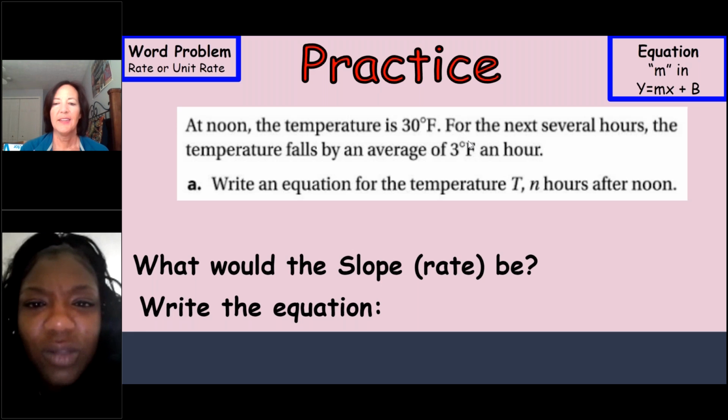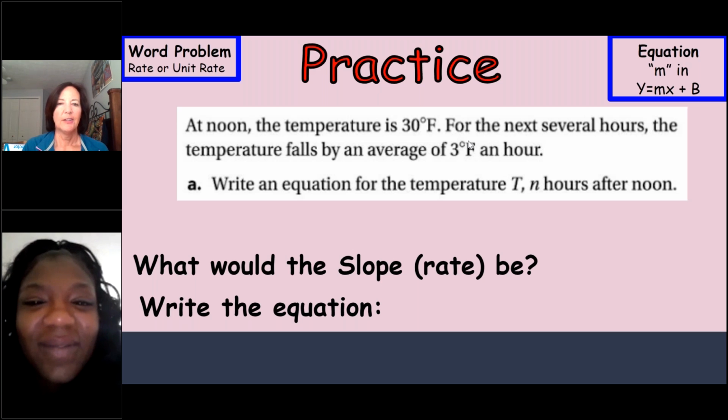So the temperature goes down 3 degrees an hour. What would the slope be? For the next several hours, the temperature falls by an average of 3 degrees an hour. The slope would be 3 degrees.